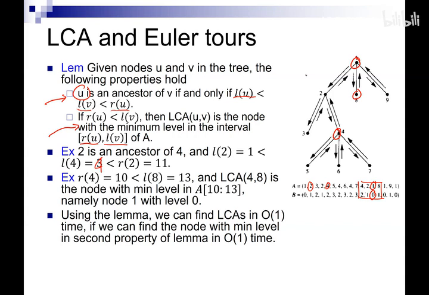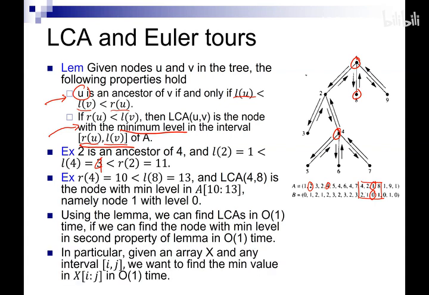Then you need to take the corresponding node for that minimum level. So you need some way to compute the minimum level in this interval. If you can compute that minimum level in constant time, then we can compute the LCA in constant time. So the trick is to be able to compute this minimum level.